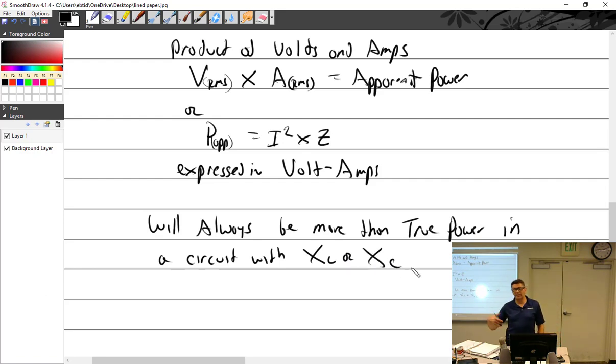Because now we're adding in the X of L, X of C, and the resistance, so it's got to be more. So true power is based on resistance, and our volt amps, our apparent power, take into consideration and add X of L, X of C. VA.